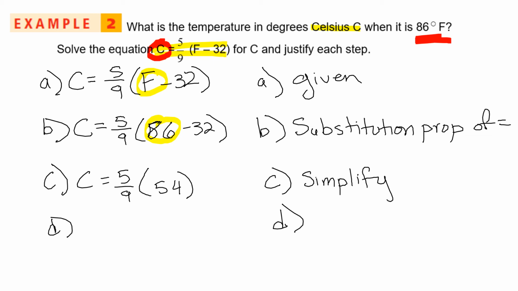We are still not distributing, because that's out of parentheses. There's only one thing in that parentheses. That's multiplication. So we're going to multiply that 5/9 times that 54. But are we multiplying on both sides? No, we are not. So we are not going to write down multiplication over here. We are going to write down simplify.